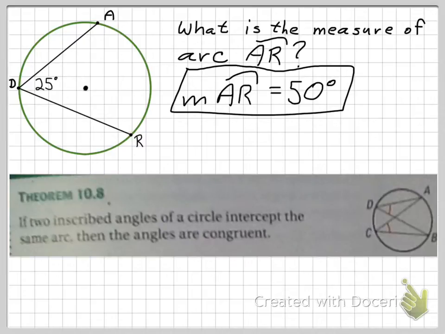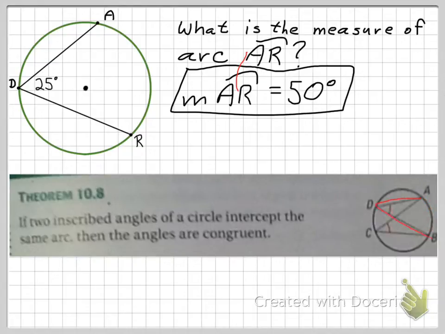All right, and then we have this theorem here. If 2 inscribed angles of a circle intercept the same arc, then the angles are congruent. So we have 2 angles, these 2 angles here, and if they intercept the same arc, which they do in this case, they both intercept arc AB.